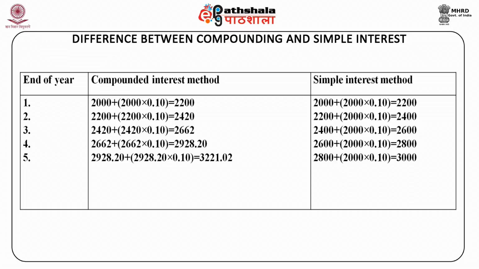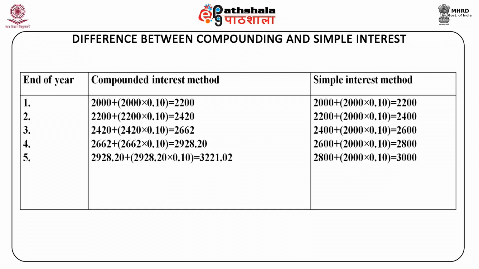At the end of the second year, under the compound interest method, 2200 plus 2200 into 0.1 is equal to 2420. While under simple rate of interest, at the end of the year you will get 2200 plus 2000 into 0.1, which is equal to 2400.